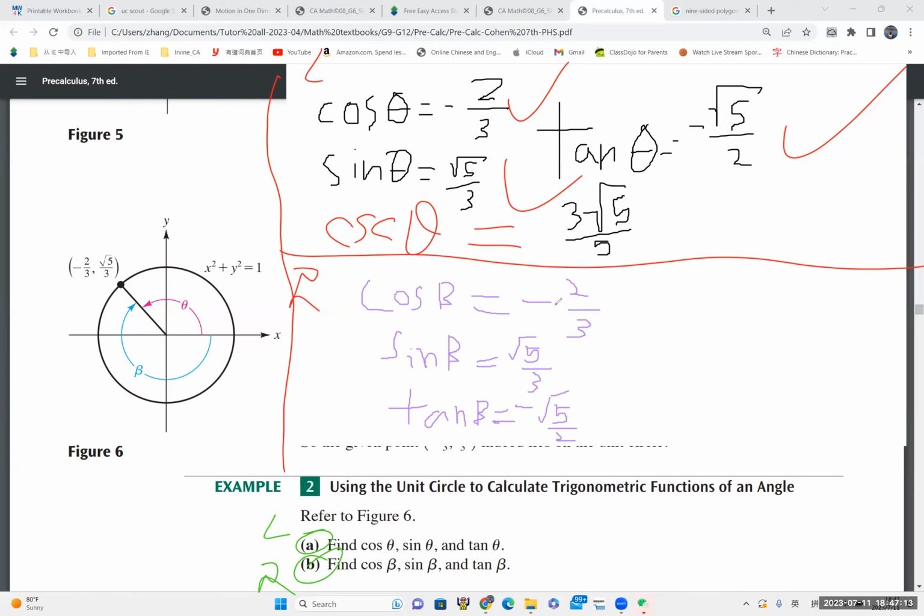Yeah, actually they are the same, right? Because they have the same terminal side. Yeah, let me check, make sure. Okay, then cosecant theta is this. Okay, yeah, good. Then let's go next.